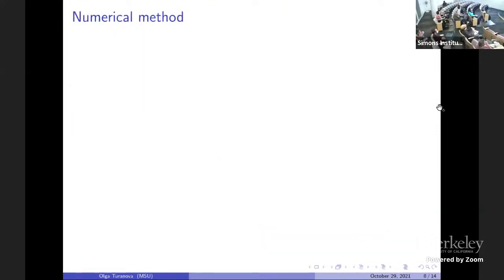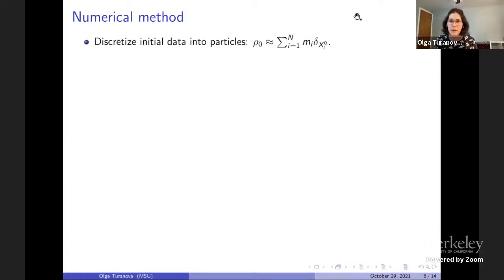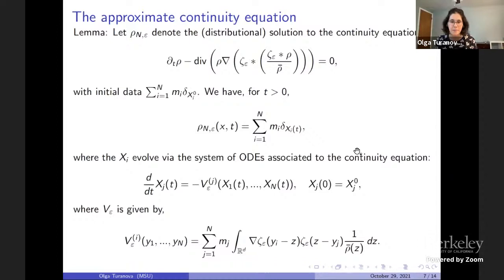Sorry, Olga, one question. Earlier you said that rho bar was not known to the bees, and here you use rho bar, right? That's a really great question. Let me go back. The bees can sense the rho bar in their location and also nearby. Notice that if these zeta epsilons are Gaussian, there's a little bit of discrepancy between the numerical method and the application to robots.